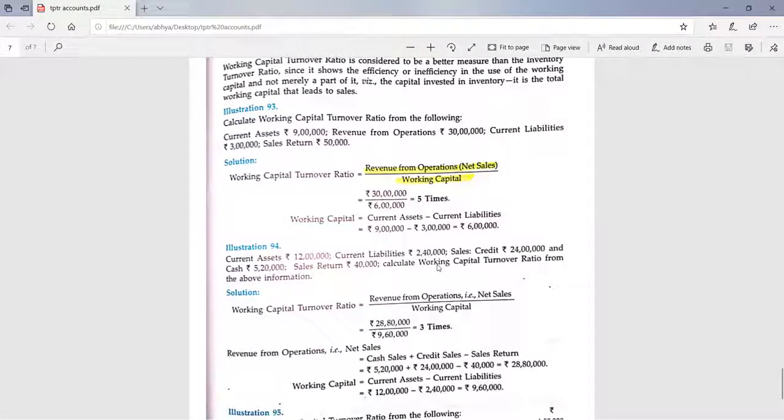In that case, you can use cost of RFO, because long back in CBSE that happened: cost of RFO came in the exam, but no clue was given to find out RFO. So whatever you have in the question, you have to use that. That's why we can also calculate this ratio by taking cost of RFO instead of RFO.